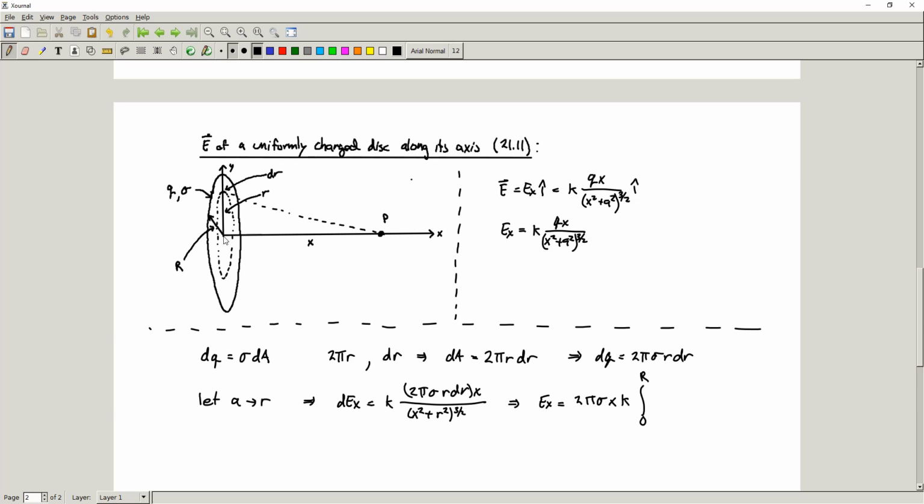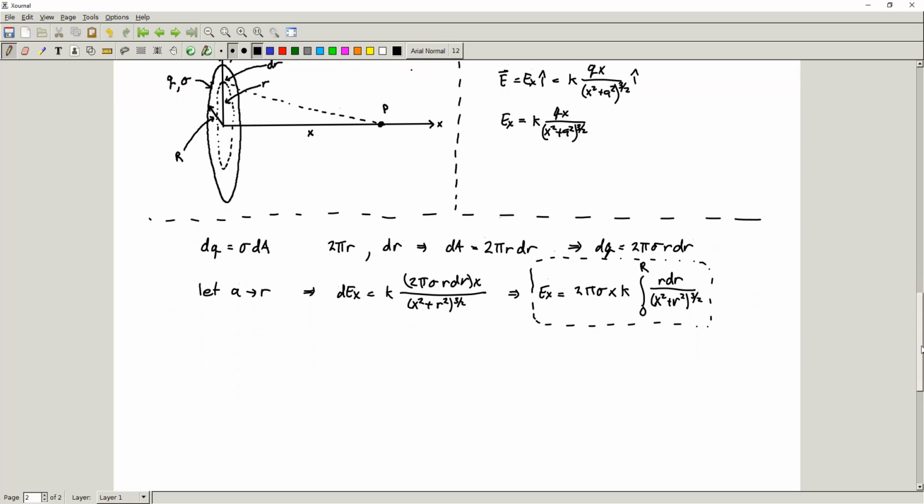Again, because we're taking the tiniest ring at the very central point, and then all the concentric rings that go all the way out until a radius of r, and we need to integrate r dr over x squared plus r squared to the 3 over 2. Okay, so this is really the expression that we want to solve to get our electric field at the point P. So let's do that.